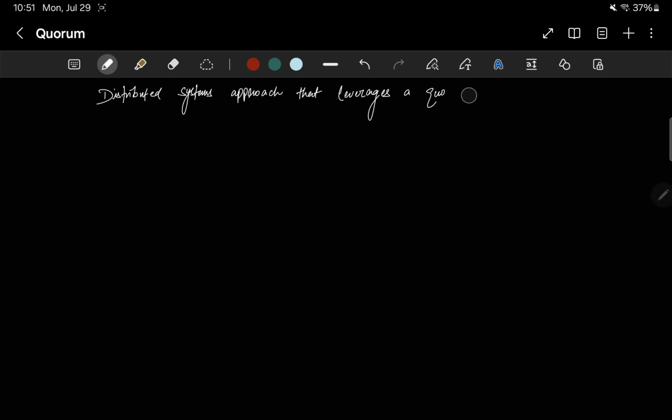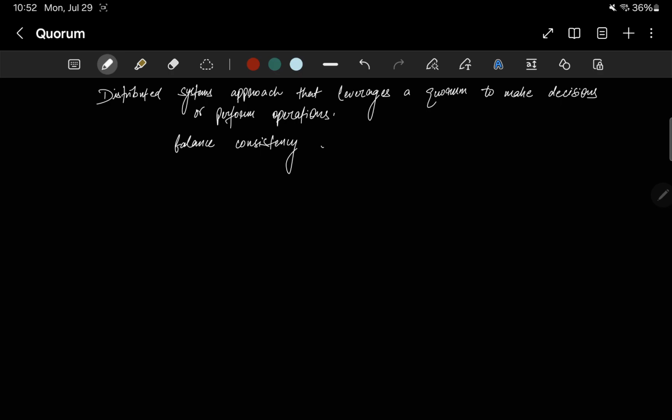And why does it leverage quorum? To make decisions or perform operations. All right. So what they do is they balance consistency and availability.